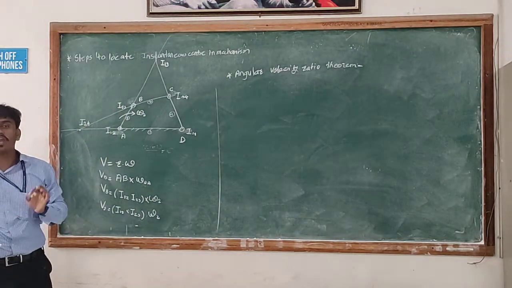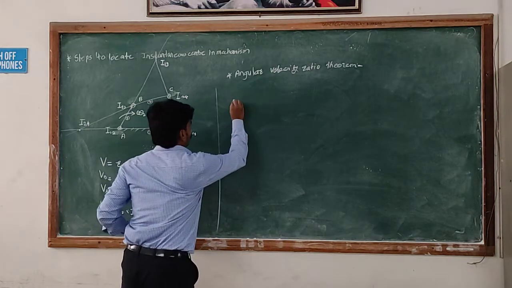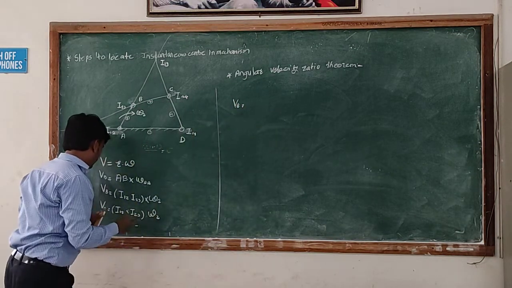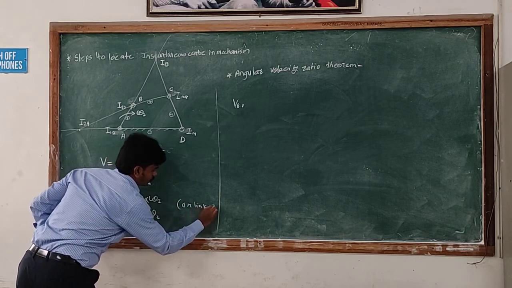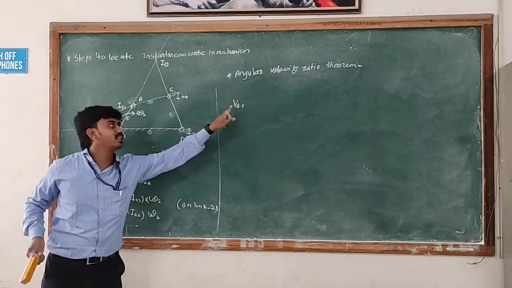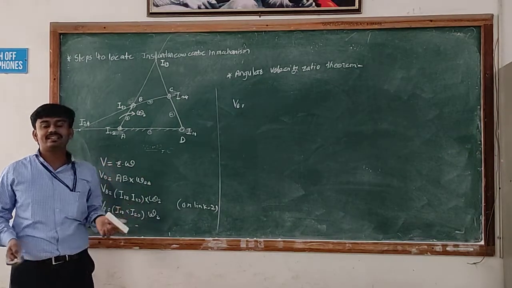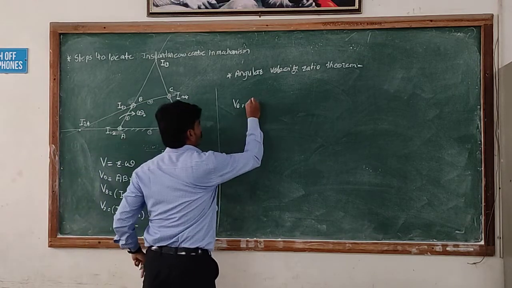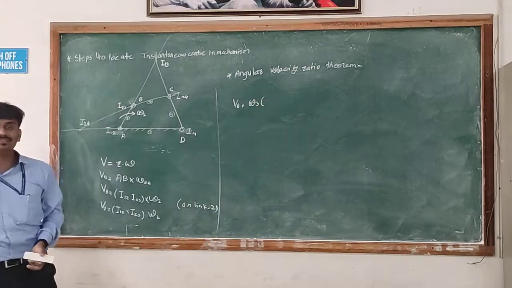For this purpose, if we consider the point B on link 2, VB, and now we will consider the point B on link 3. Omega 3 is the angular velocity of the link BC. So omega 3 into the distance.